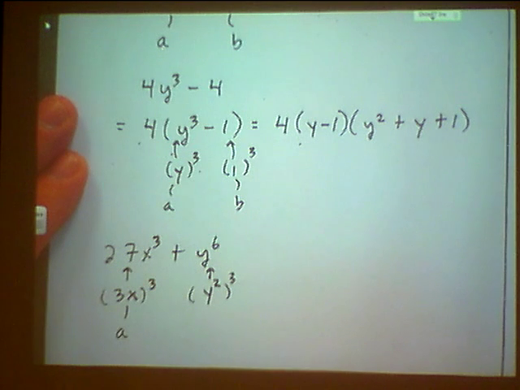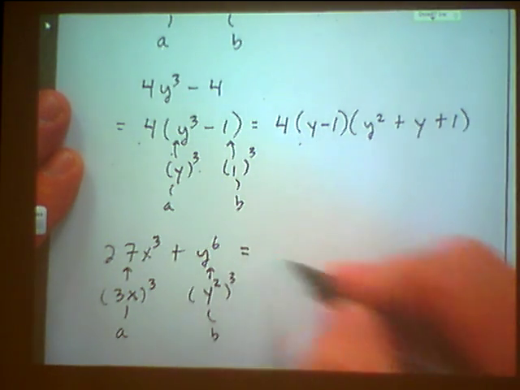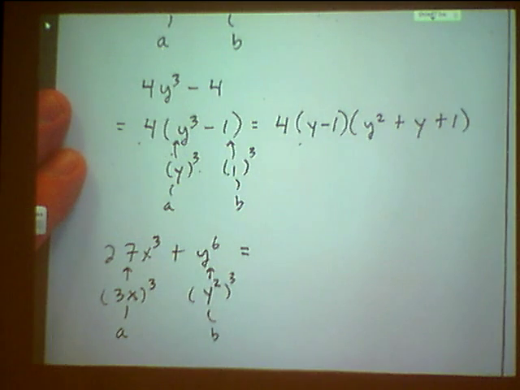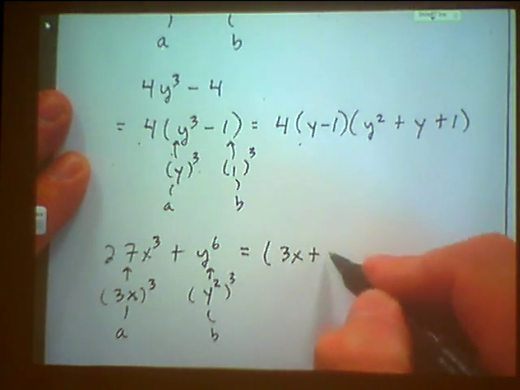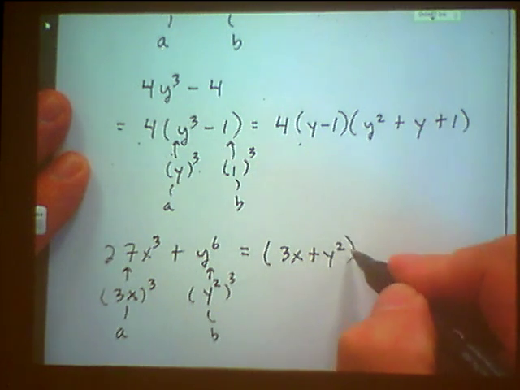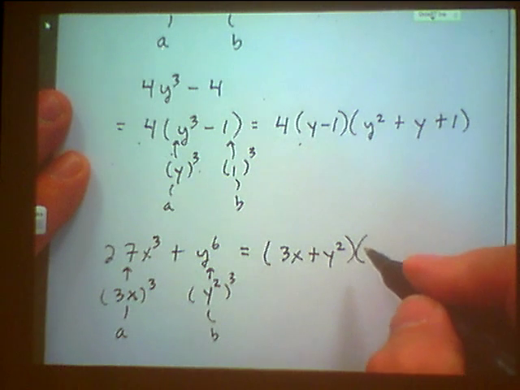The 3x is like my a, the y squared is like my b, and although we can't see the formula anymore, it's a plus b, so 3x plus y squared, and then in parentheses it's a squared.